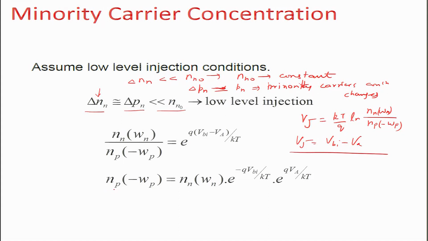So now using this equation, if I flip it over, I can get Np at minus Wp is equal to Nn at Wn multiplied by exponential of minus qVbi divided by kT into exponential of qVa divided by kT. What is Nn at Wn?